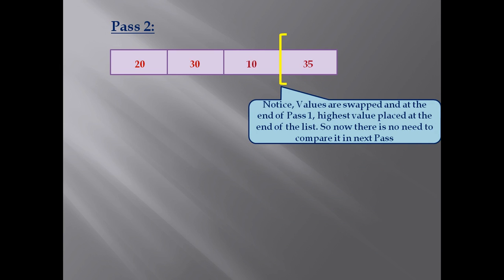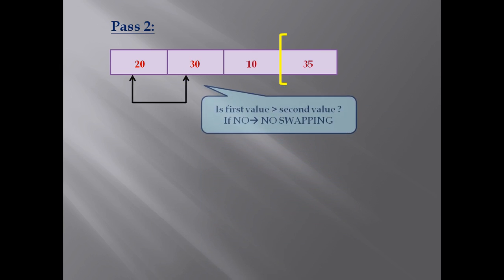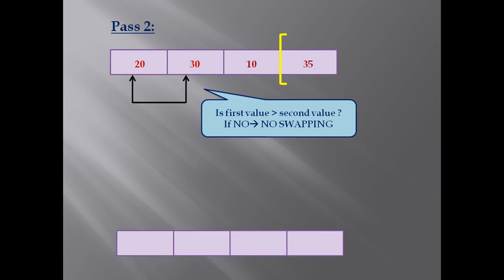So in pass 2, we will not compare 35. Now it will start again from the first element. We'll check two elements, 20 and 30. It will check whether the first value is greater than the second. Which one is greater? Here you can see the second value is greater, so we don't have to interchange them, right?